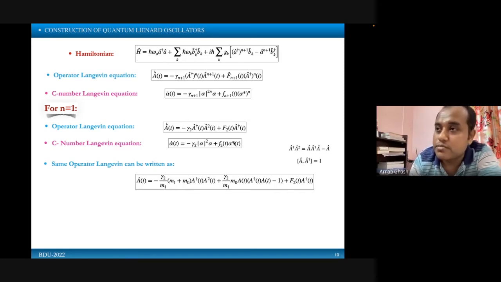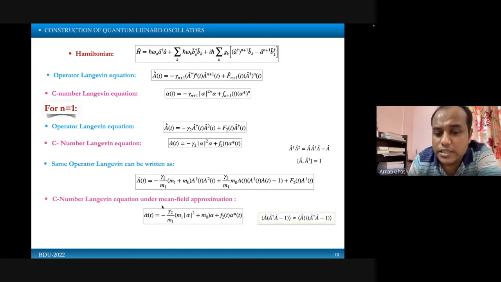The C-number form is not the ideal thing to use, but if you use this as a starting operator Langevin equation, then take the average and write down the C-number Langevin equations, under the mean field approximation you can derive this. Now here we made an approximation: a kind of mean field approximation where we neglect the quantum correlations.